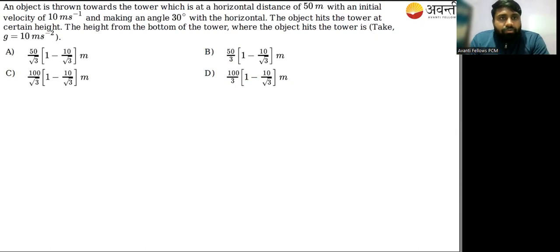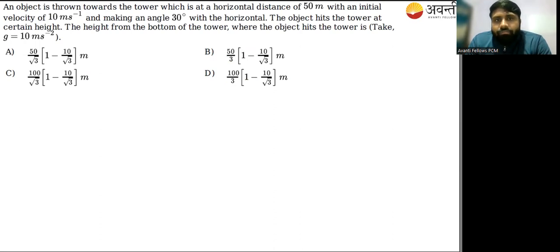An object is thrown towards a tower which is at a horizontal distance of 50 meter with an initial velocity of 10 meter per second, making an angle of 30 degrees with the horizontal. The object hits the tower at a certain height.